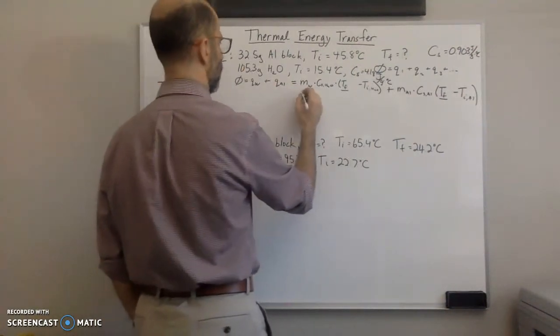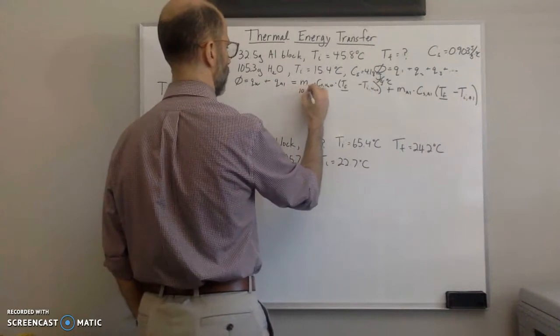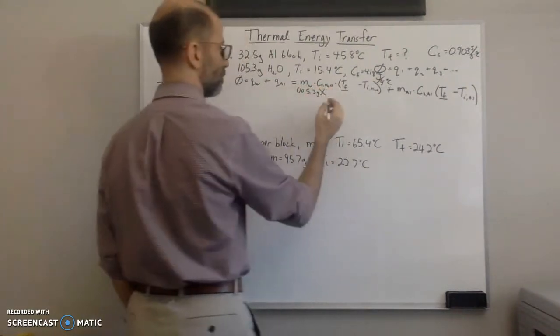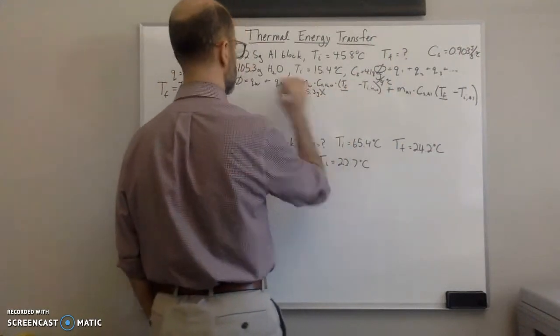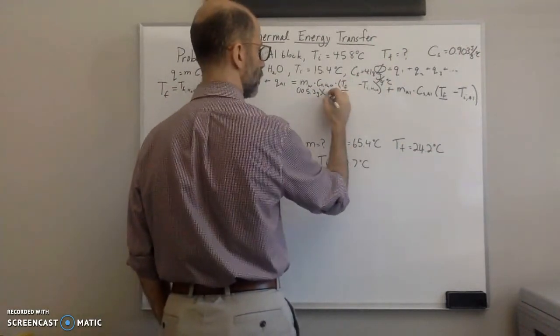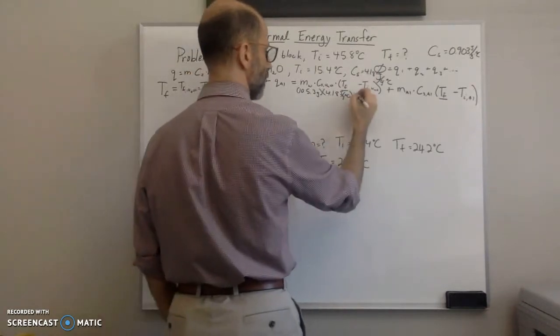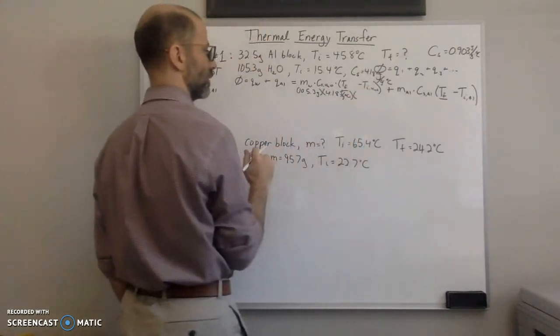So we've got 105.3 grams times the specific heat capacity of water, which is 4.18 joules per gram degrees Celsius, right? And then we have final minus initial temperature.